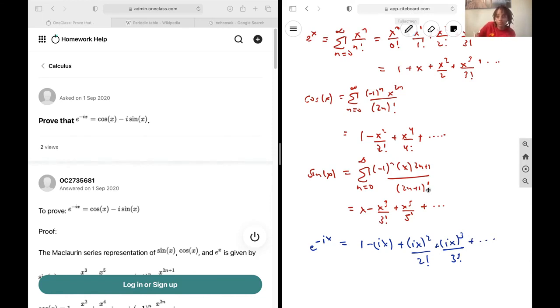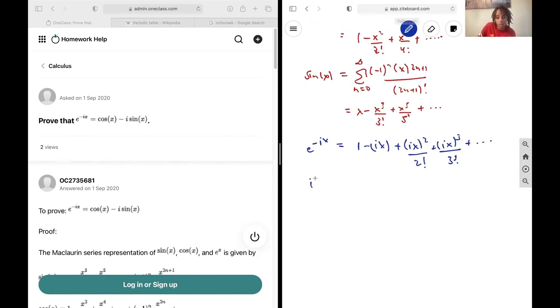And then now we just need to use the properties of i. We know that i to the power of 2n is going to give us negative 1, and i to the power of 2n plus 1 is going to give us negative i, because it would take out all of the 2n and leave you with the negative 1 times i.